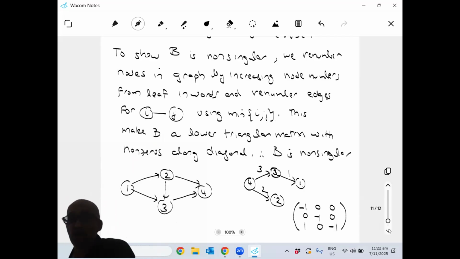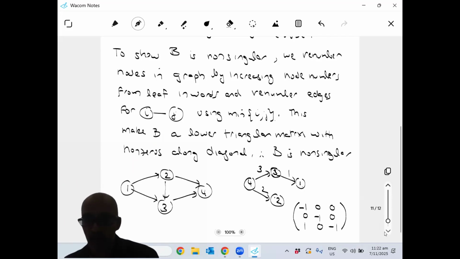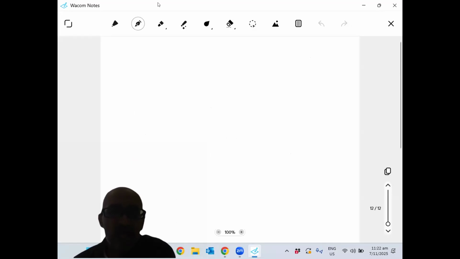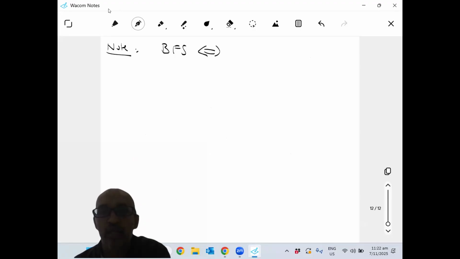Is that clear? You can try this for other trees. I will let you try on your own, just to check the numbering works. So the key idea is that a basic feasible solution is exactly equivalent to a feasible tree solution.